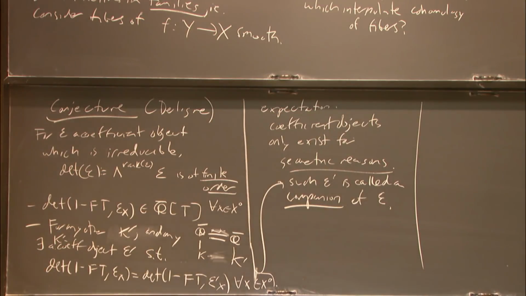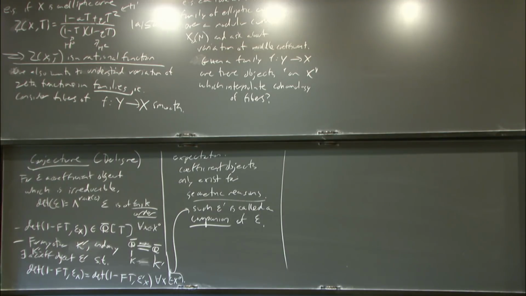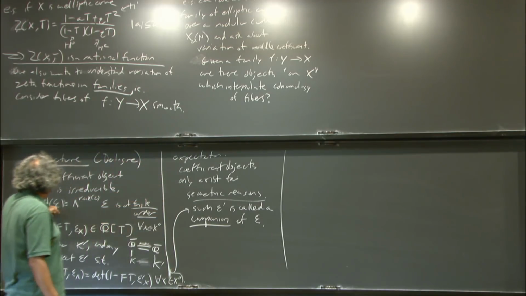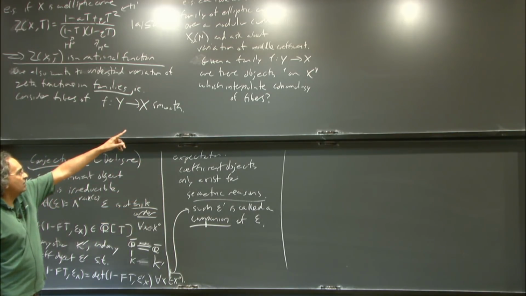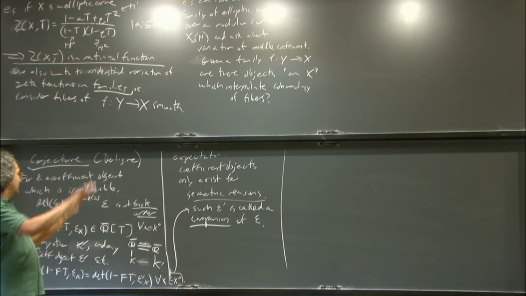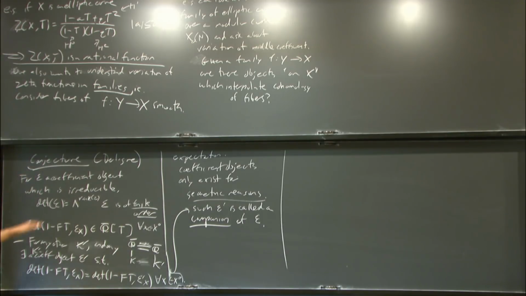OK, so this is, of course, a reasonable conjecture if you believe this conjecture, because if this is true, if you have an object that exists for geometric reasons, because, with some effort you can show that if you have a family of varieties and E appears inside the relative cohomology of that, well, you can form the relative cohomology with all possible types of coefficients, and then with some effort you can match things up to see that there is a piece with the other field that matches up with this one.